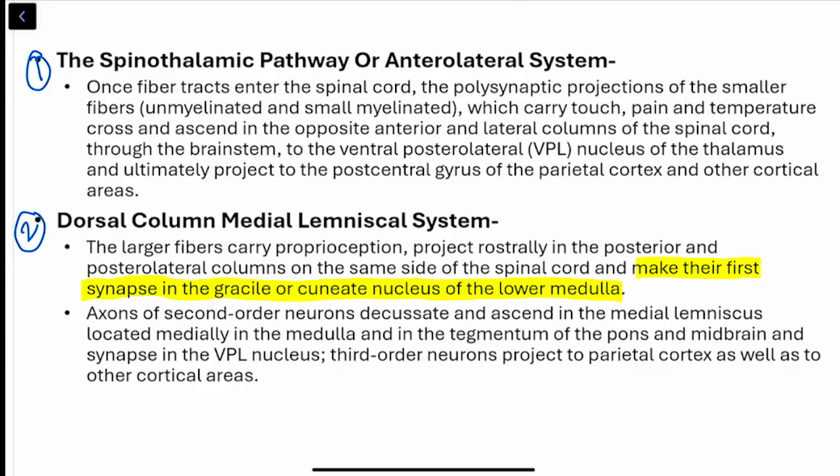So the dorsal column and the spinothalamic system are two systems which carry different types of sensations. The spinothalamic tract will carry touch, pain, and temperature, whereas the dorsal column will carry joint position, joint sensation, position sensation, and it will also carry proprioception.